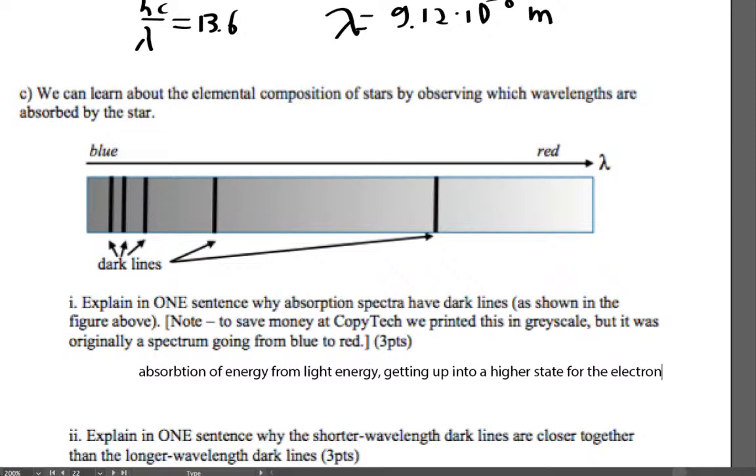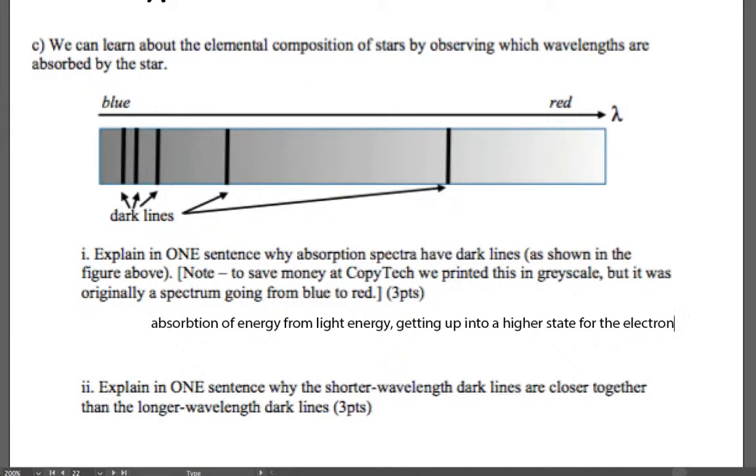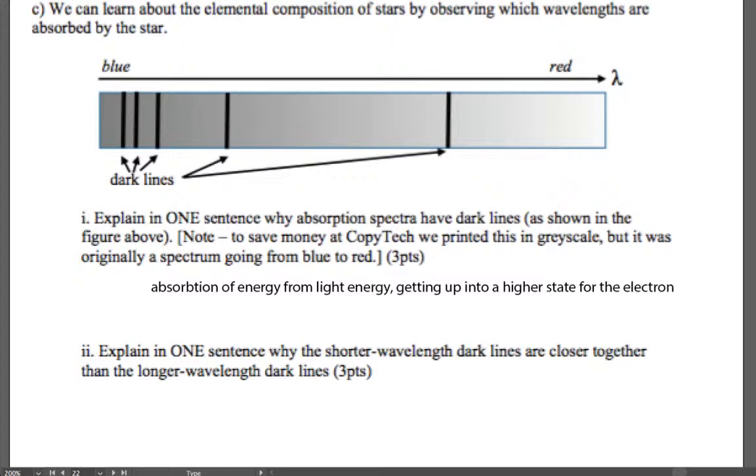Explain in one sentence why the shorter wavelength dark lines are closer together than the longer wavelength dark lines. It is because of the energy of orbitals, which goes as 1 over n squared.